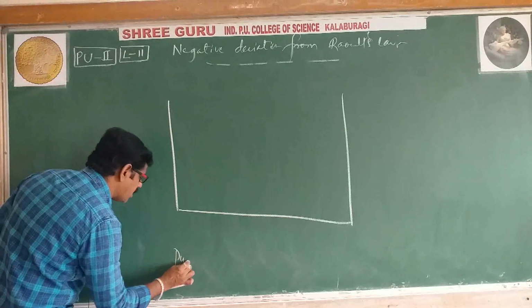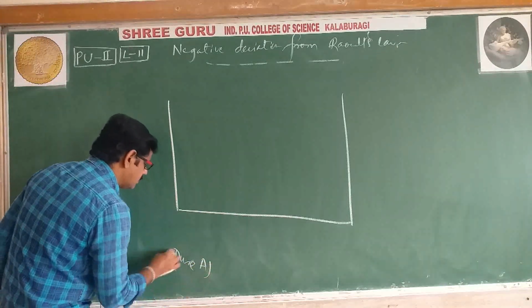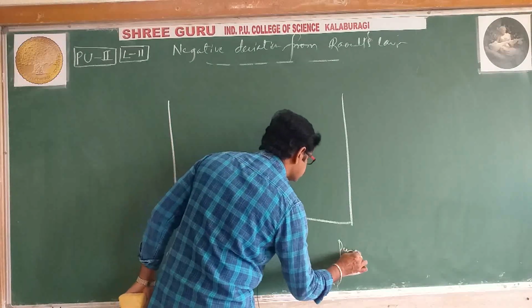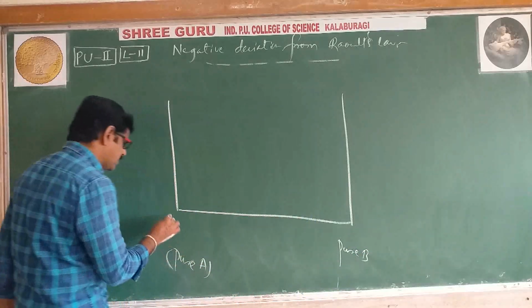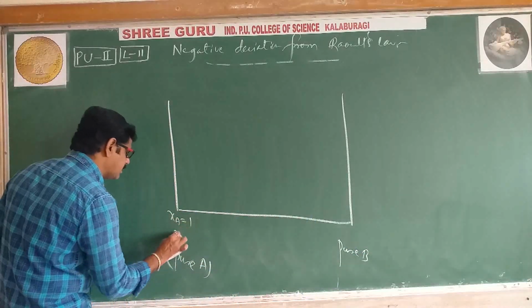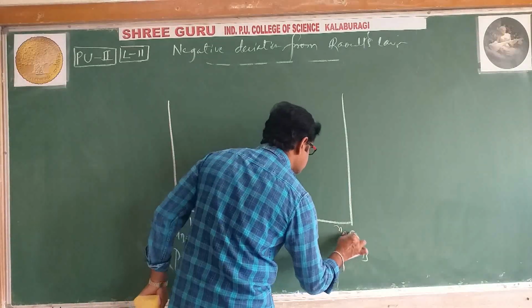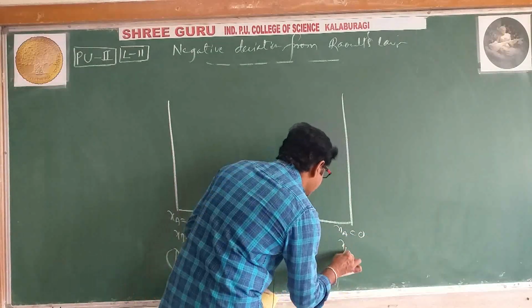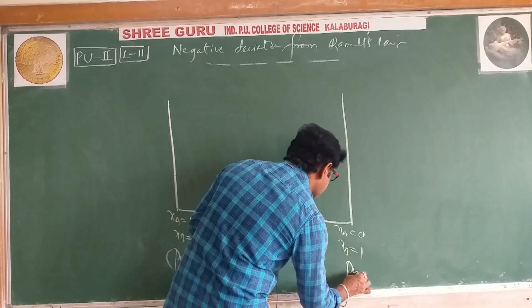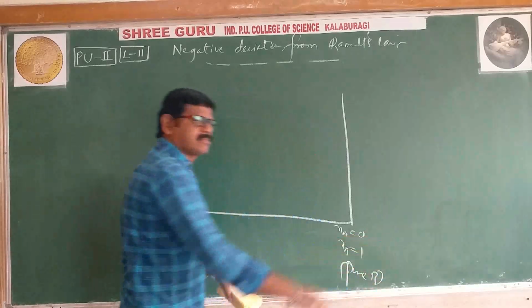Here I am taking pure A, and here pure B. Pure A means XA equal to 1, XB equal to 0. Here XA equal to 0, XB equal to 1 because we have taken only pure B.